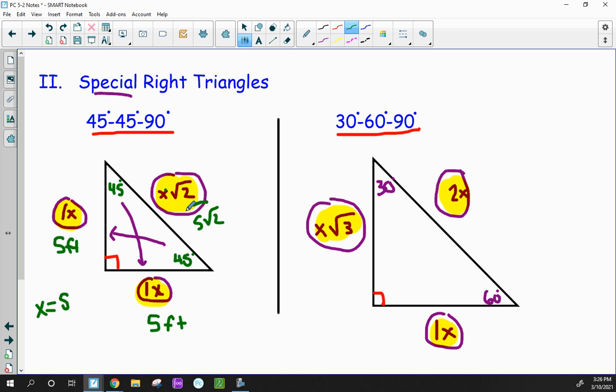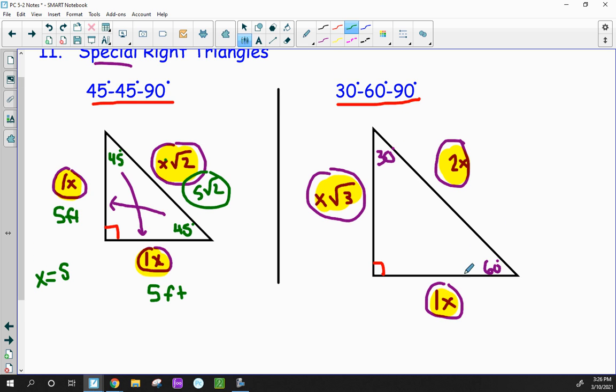If you'll take a second right now and just type in 5 times the square root of 2 on your calculator, you'll notice it says 7.07 on your screen. So 5, 5, and 7.07. That makes sense as to why it should be a bigger number than 5, because it is the hypotenuse. It is the square root of 2 times bigger than this.